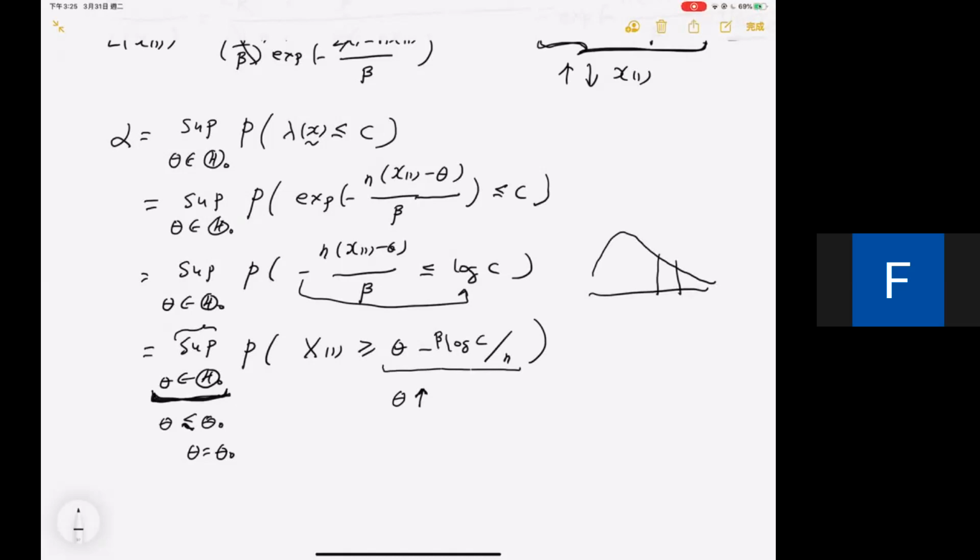Minus becomes bigger. What? My theta getting bigger, my distribution, the right hand side probably gets smaller. Theta getting smaller. So my right hand side is correct, right? Can anyone double check it? The side is correct.